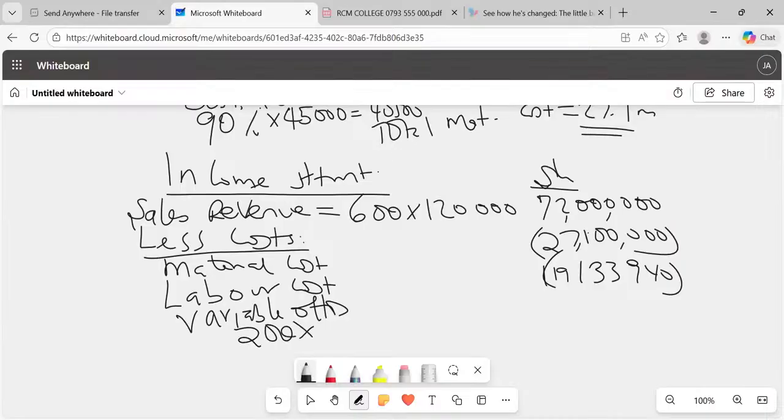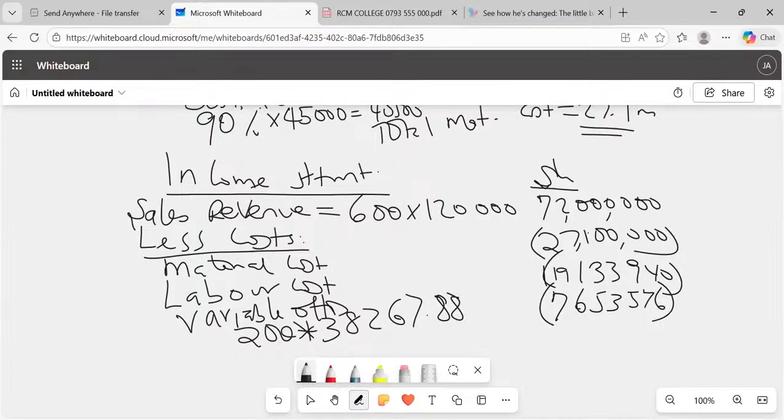So it'll be 200 times the labor hours, which are how many? 38,267.88. So 200 times 38,267.88 gives 7,653,576.